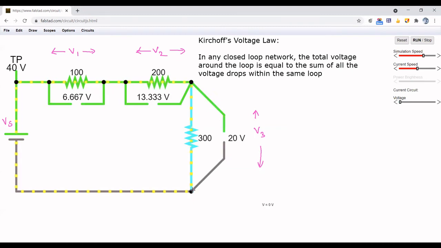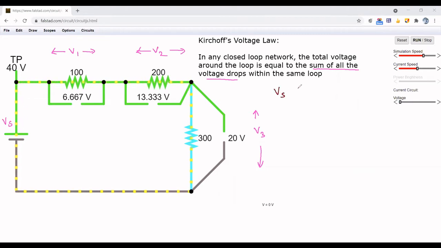So we have 40 volt in the supply, and the drops across the resistances are 6.67 volt, 13.33 volt, and 20 volt. Let me add all the voltage drops because it is said sum of all voltage drops, right? Before that, let me tabulate the values.